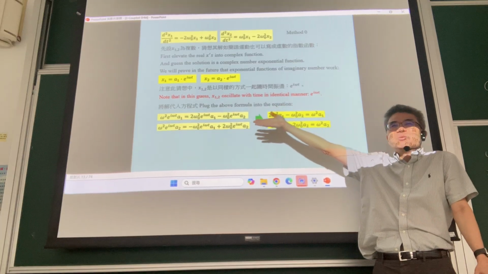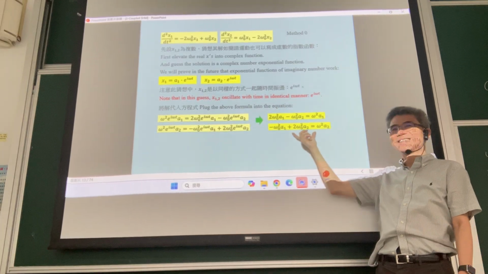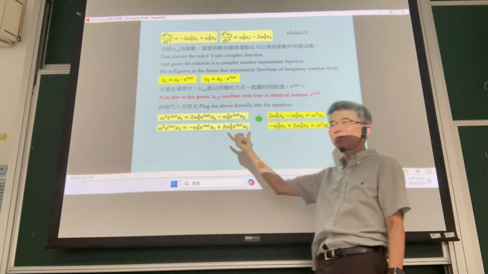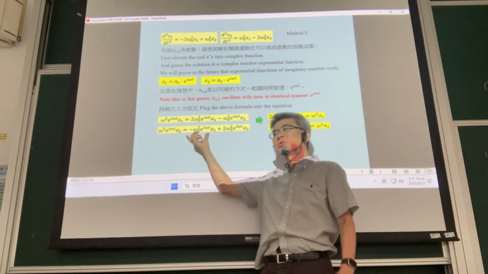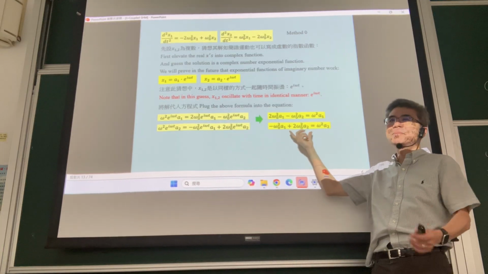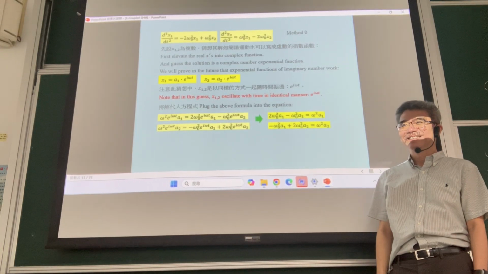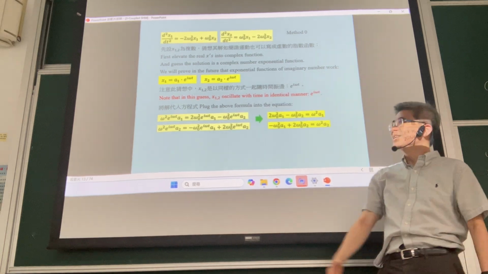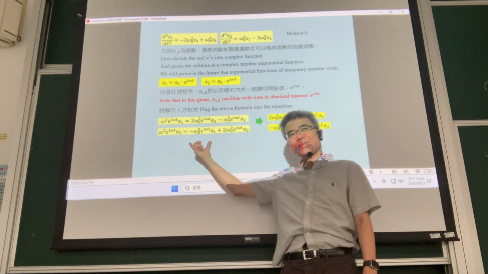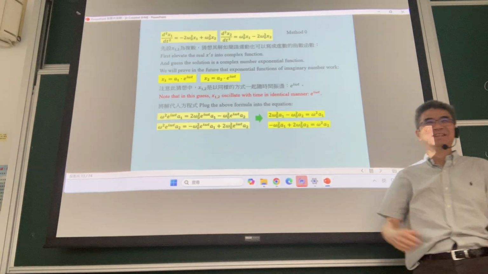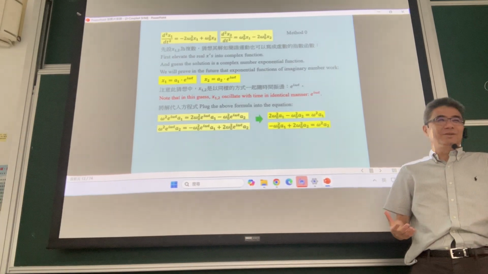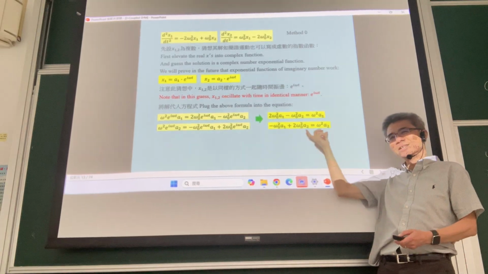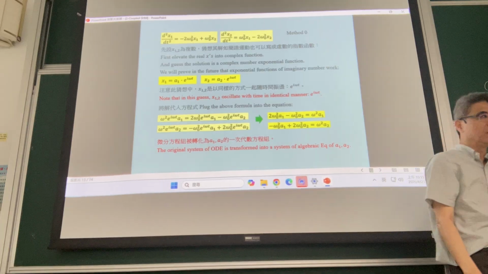You have eliminated time entirely. What is left has nothing to do with time. Ladies and gentlemen, we had an equation of functions. With this guess, we transform an equation of functions of time into an equation of numbers. In jargon, it's an algebraic equation. A differential equation is transformed into an algebraic equation.